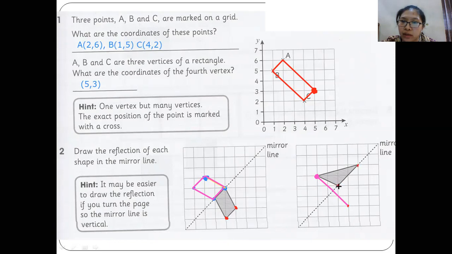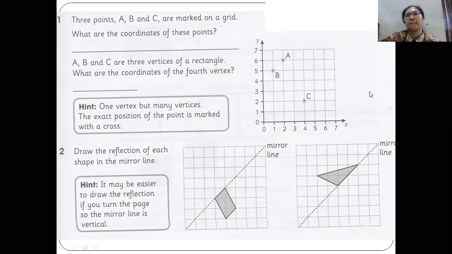So what would the reflection look like? This point is connected here. This one is connected here. Okay, so this is the reflection. All right, do you understand? If you have any questions, feel free to ask your teacher.